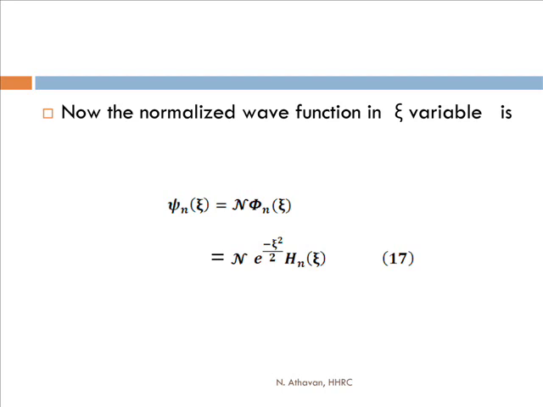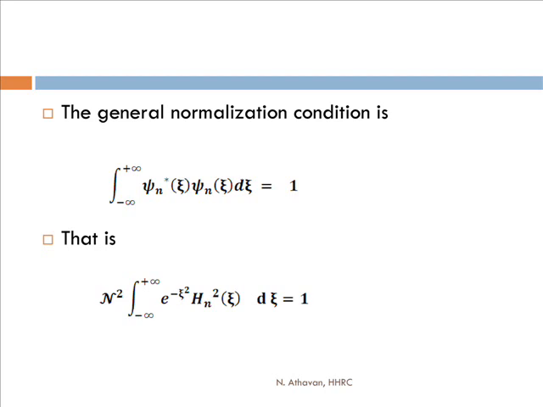So the remaining job is only finding the normalization constant N. This is the general normalization condition: the integral from minus infinity to plus infinity of psi_n star z psi_n z dz is equal to 1. That is N square times the integral of e power minus xi square H_n square xi dz is equal to 1.